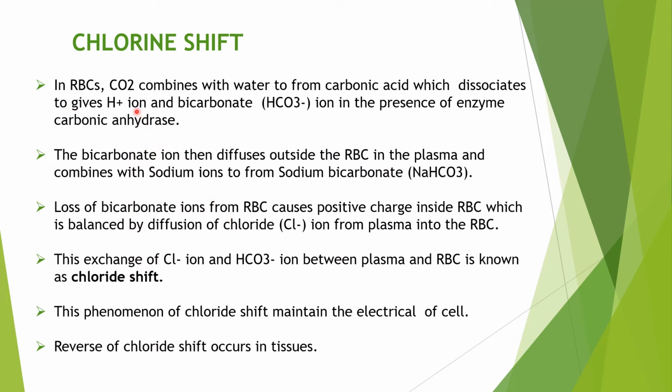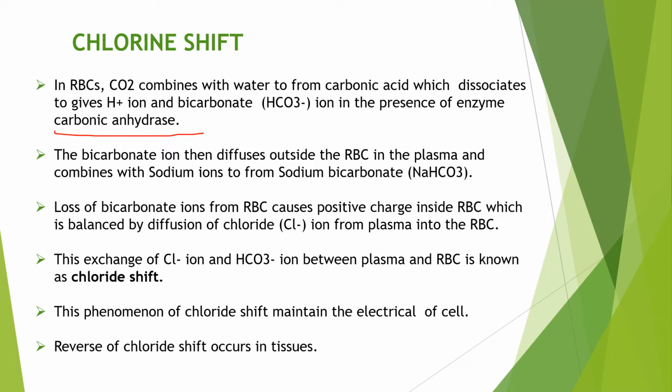In RBC, the carbon dioxide combines with the water to form carbonic acid, which dissociates to form H plus ion and the bicarbonate ion in the presence of carbonic anhydrase. The bicarbonate ion diffuses out of the RBC into the plasma and combines with the sodium ion to form sodium bicarbonate.